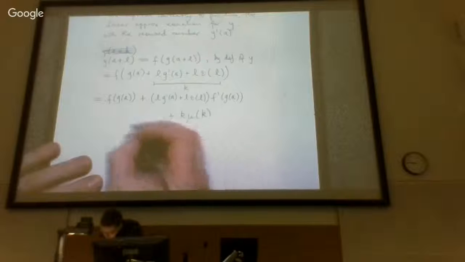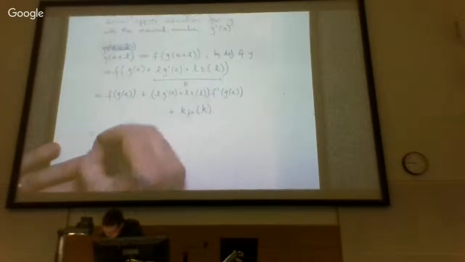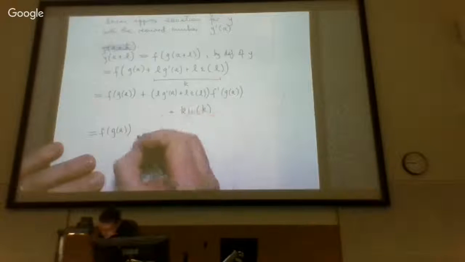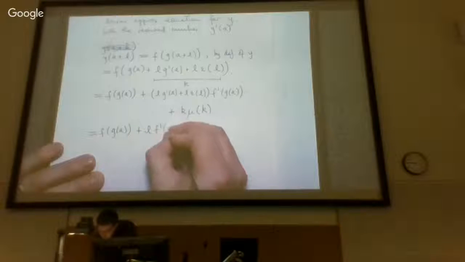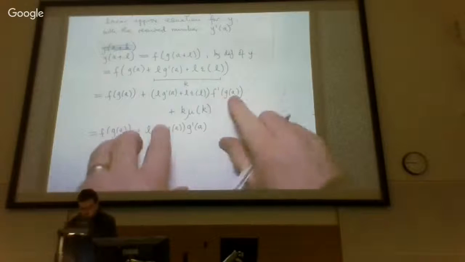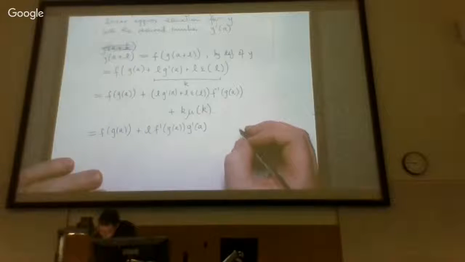So now what I do is I expand out this multiplying bracket here. So still got f of g of a at the front. Then I'm going to have my l here, and that's multiplying f prime g of a times g prime of a. So that's this multiplied by that. Oh no, frankly, I do have to expose it. Just l.